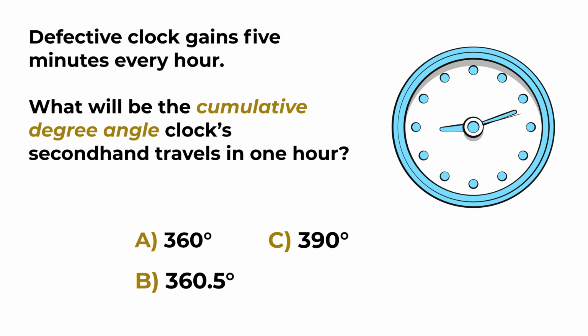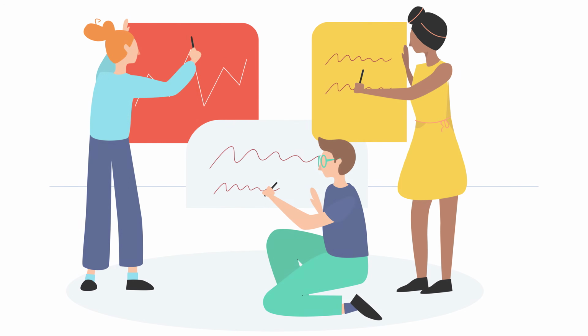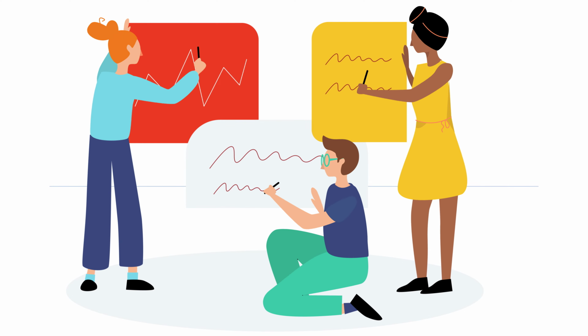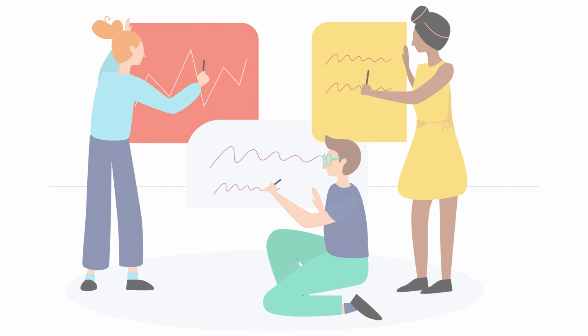Choice C, 390 degrees. And choice D, 380 degrees. Typically on the test, you get between 10 to 15 seconds to solve these types of challenges. Make sure to give yourself a little bit of time if you're trying to recreate the real test conditions. Ready or not, I am going to move forward and share with you the solution to this challenge.